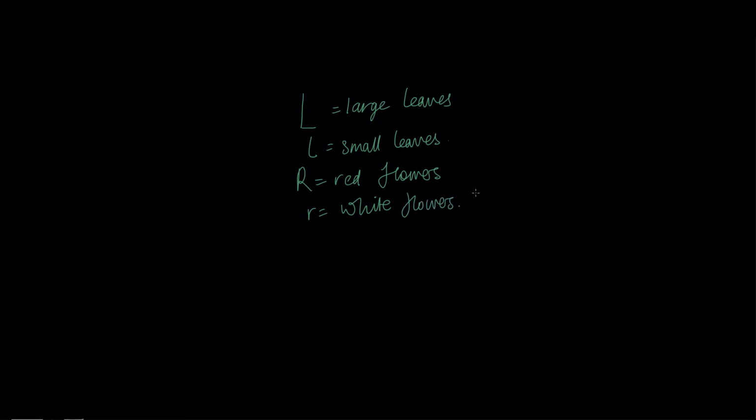So let's say we cross two organisms, a male and a female, and we're going to do a dihybrid cross. So we're going to follow both leaf size and flower colour in the plant.